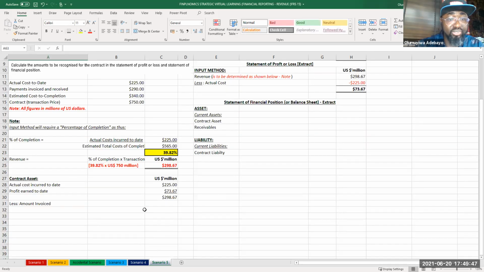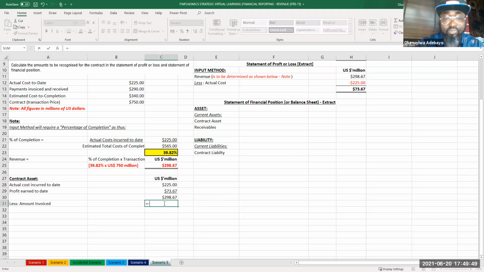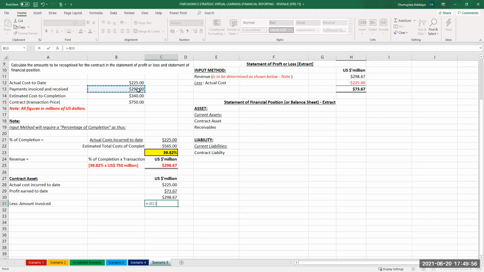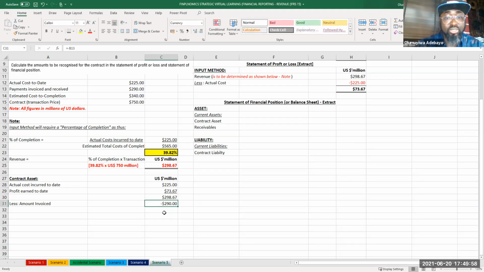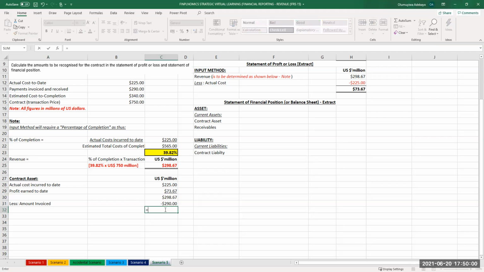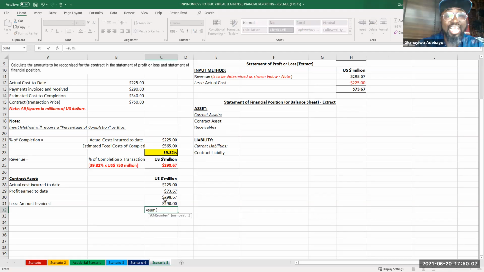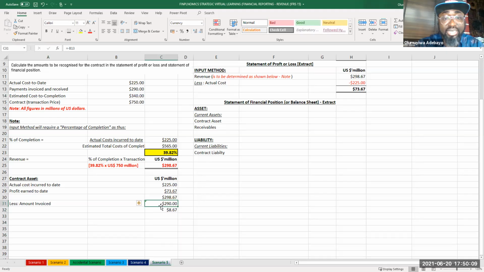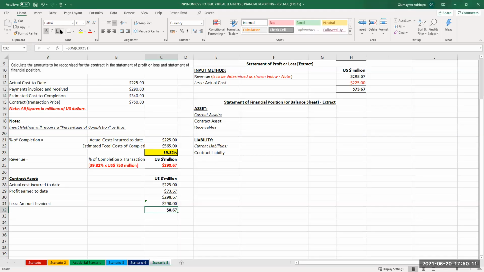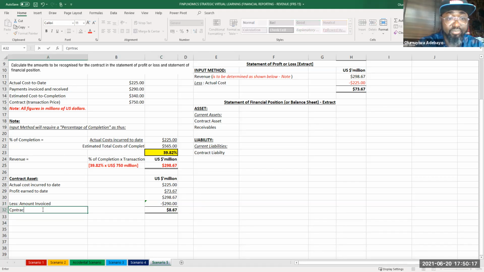How much was invoiced? 290. Therefore, how much is left that I've done something for, but I can't bill? That amount is what we call the contract assets. This is a contract asset.